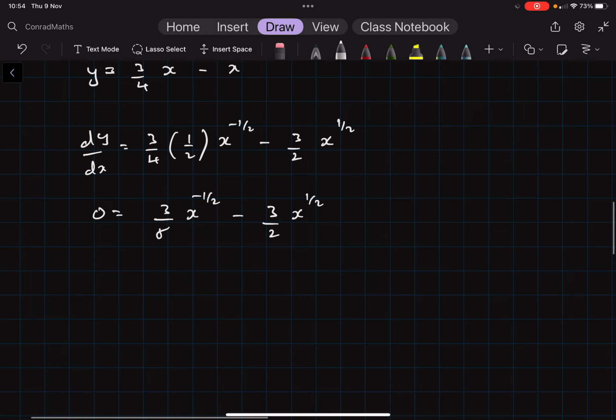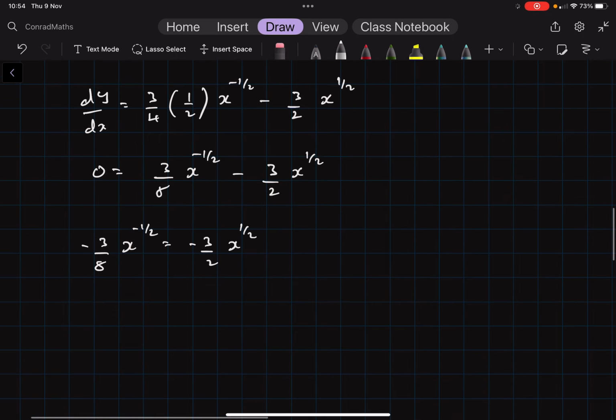Okay, lots of ways of doing this. I'm going to do it this way on this occasion. Because we're trying to find values of x, we're going to first of all multiply through by -1, so both sides are now positive, and then it's going to be 3/8 the square root of x is equal to 3 over 2 root x.